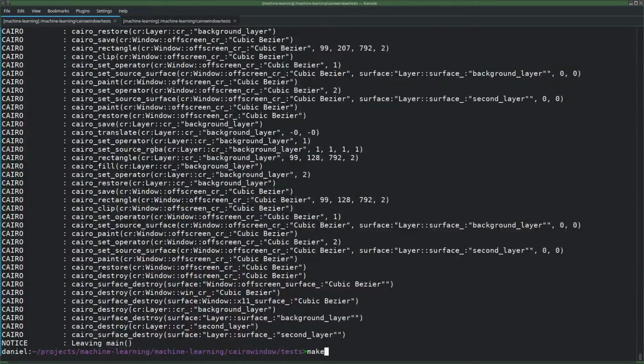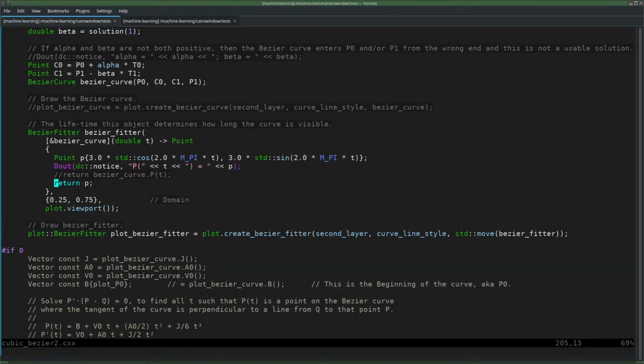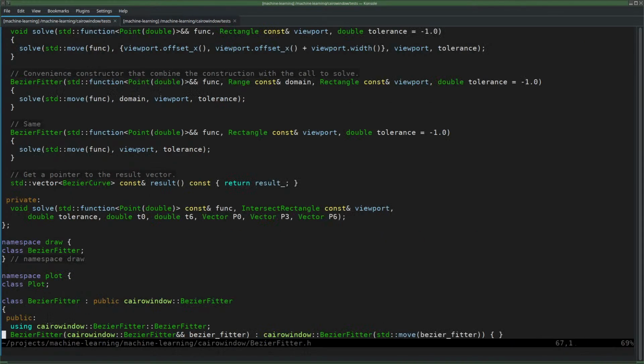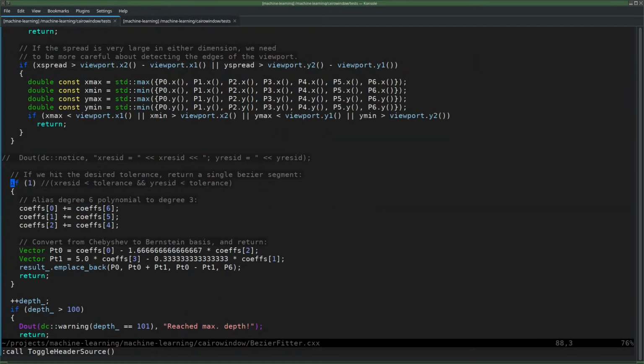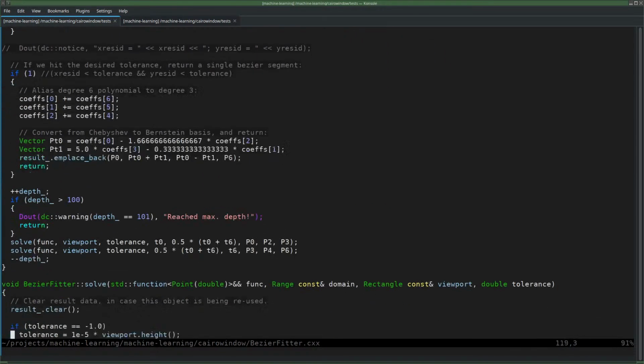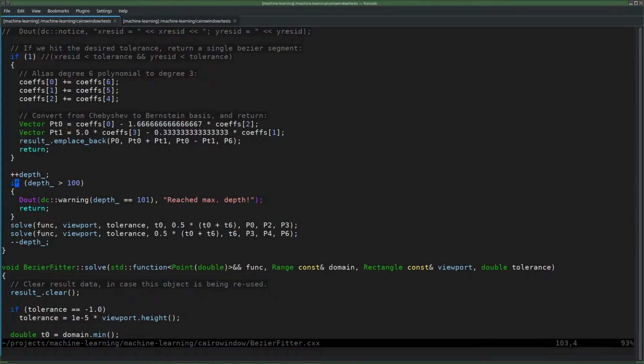What really went wrong, I remember that, is that the Bezier vector solve has a depth. I just put in a depth of 100, which is completely insane because every time we hit, we increment depth, it divides the function in 2.